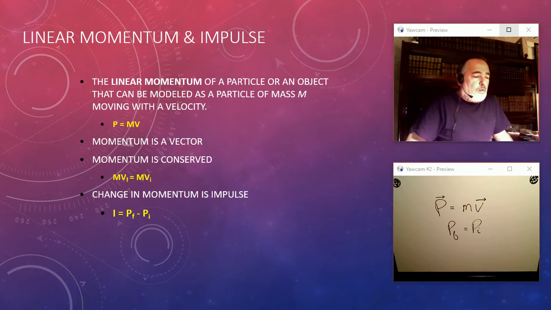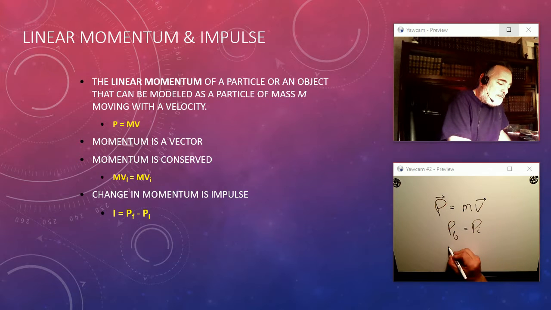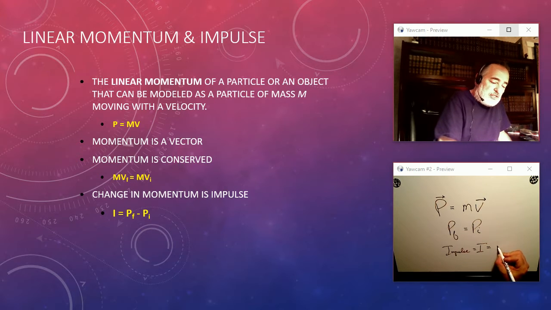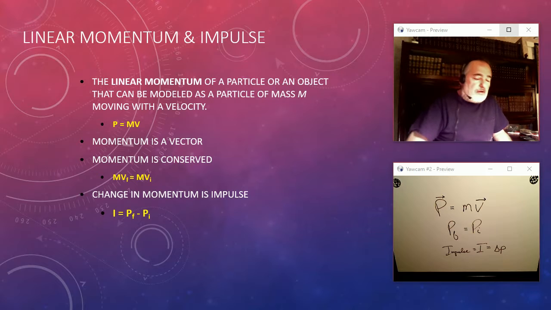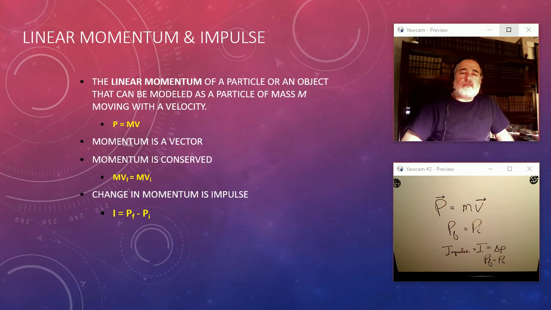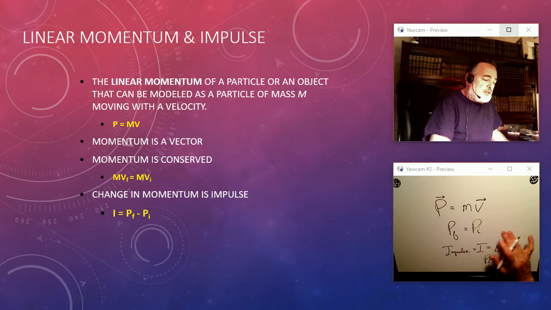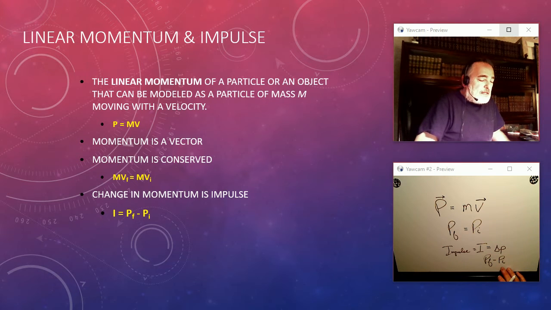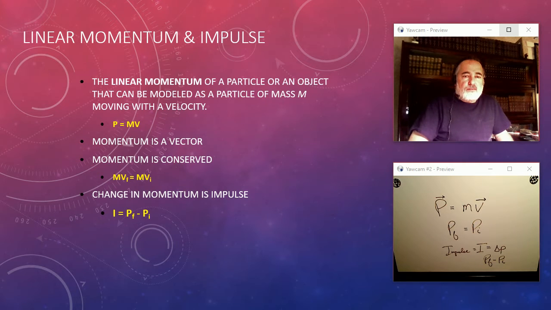And what we call impulse, we're going to use an I for that, is a change in momentum: momentum final minus momentum initial. So impulse would be the difference between these two in a system where it is not conserved.